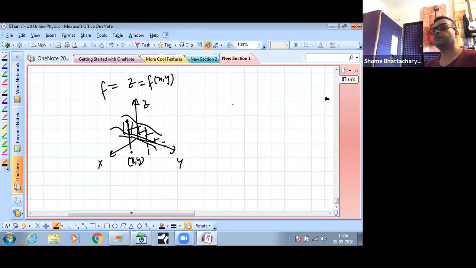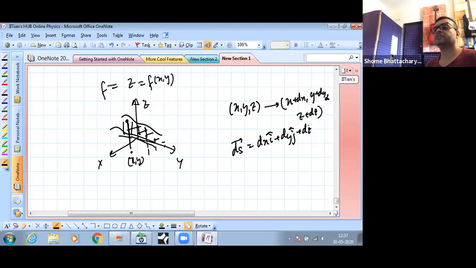Now, if you go from one point x, y, z to another point x plus dx, y plus dy, z plus dz, your displacement vector has become dx i cap plus dy j cap plus dz k cap.